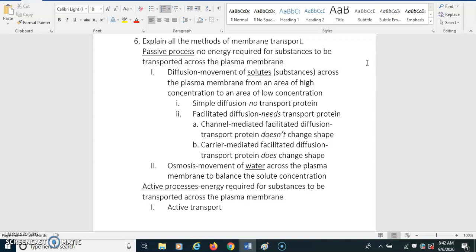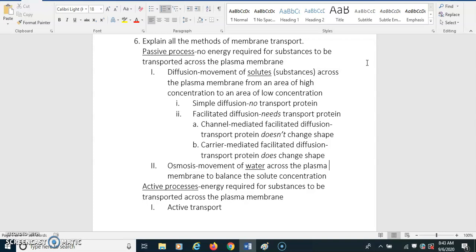So solute's just a general term when we want to refer to all of them as a whole. So when you see that word solute, think of all the atoms, like ions and molecules. So like sodium and chloride and calcium and iron and glucose and proteins. Those are what we're talking about when we use that term solute.